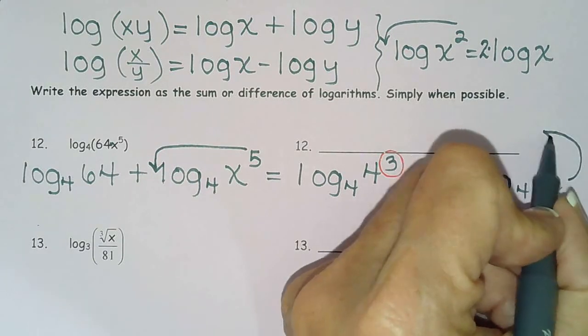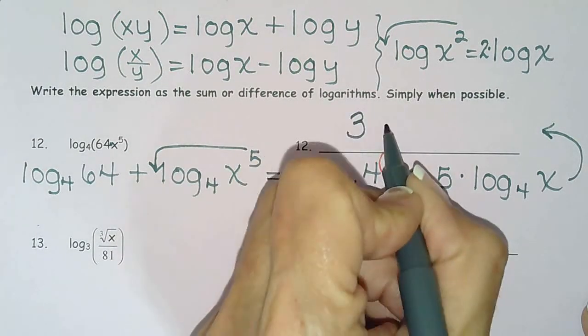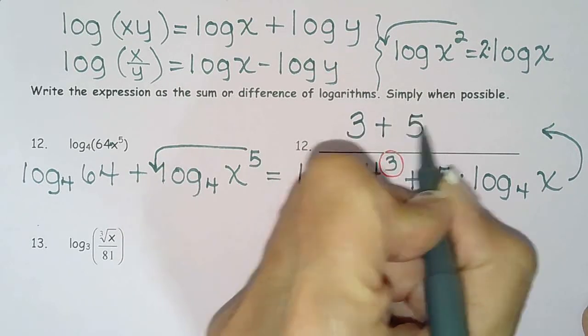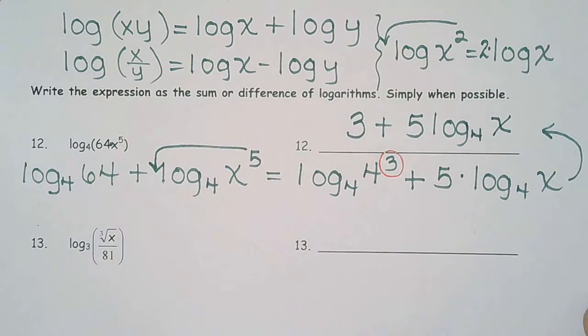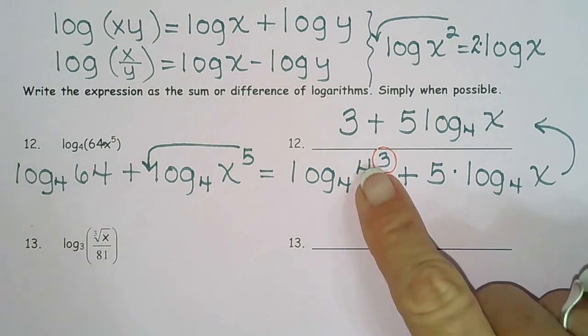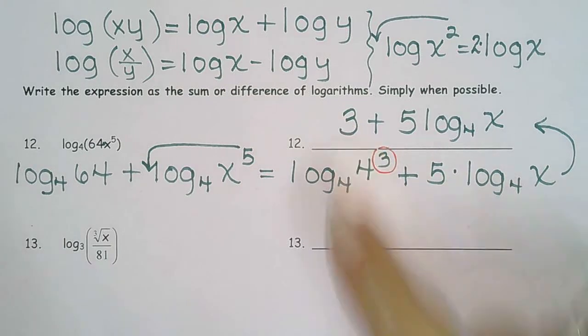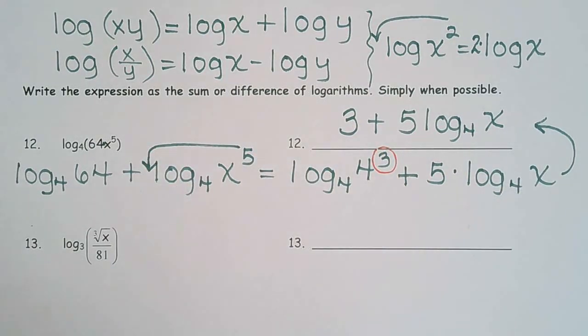So my answer is going to be 3 plus 5 log base 4 of x. That is my answer, because these undo each other, so the answer is the exponent, and then this one we had to do the power rule. Fun, huh? I love these.